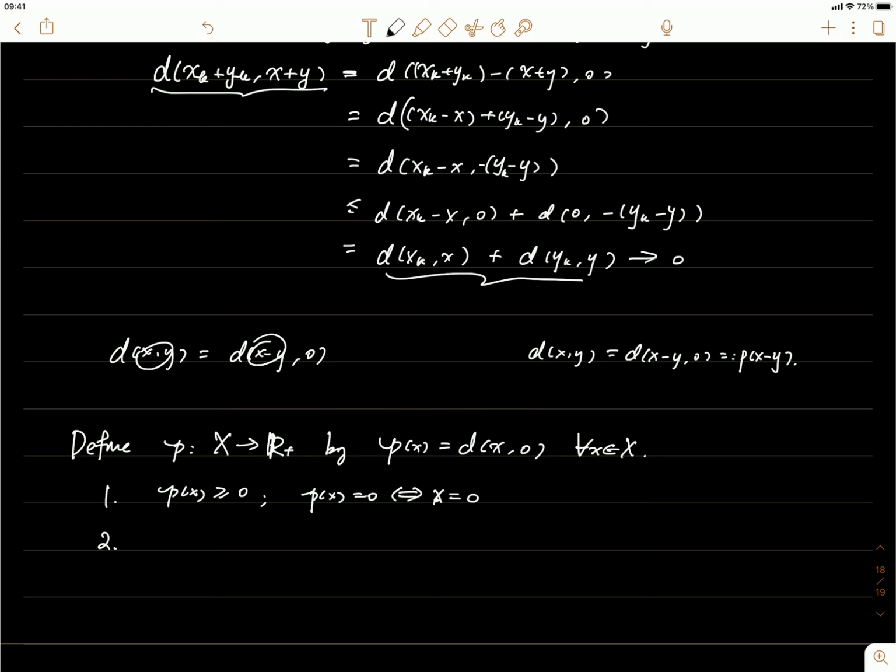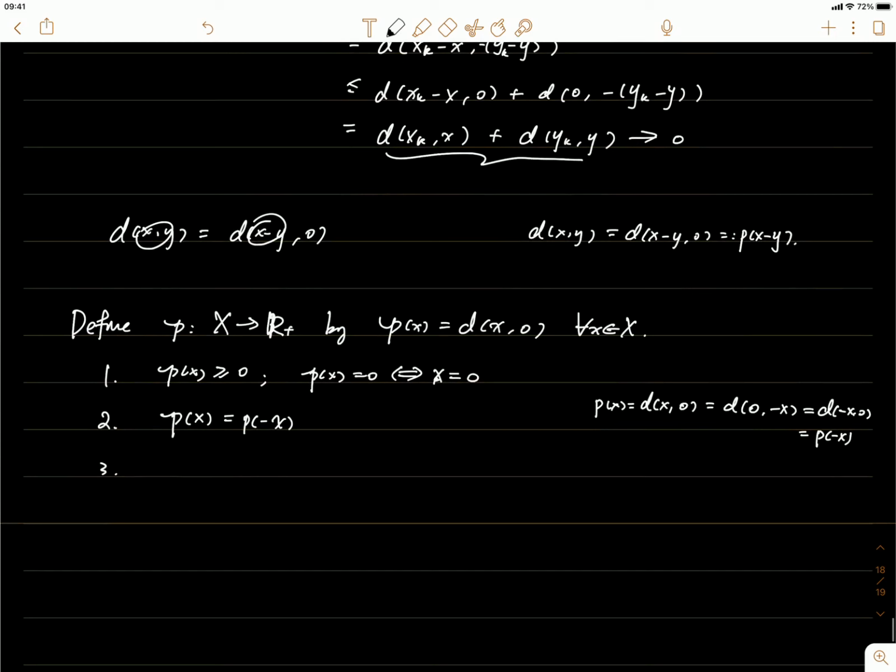Second one is that this is symmetric. The p of x is equal to p of negative x. And that is because, again, by definition, p of x is equal to d of x, 0, and if you subtract x from both arguments, you have d of 0, negative x. And because of symmetry of this metric, it's just d of negative x, 0, and it's just p of negative x.